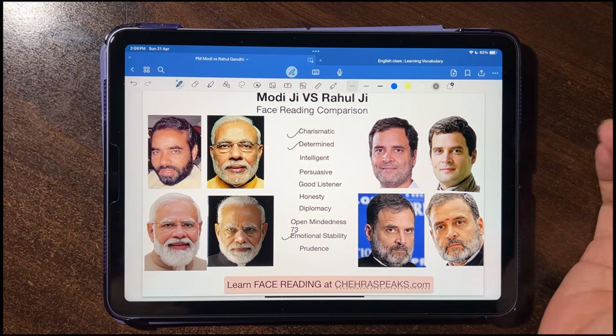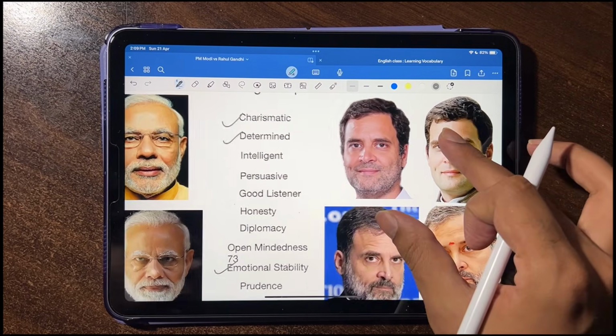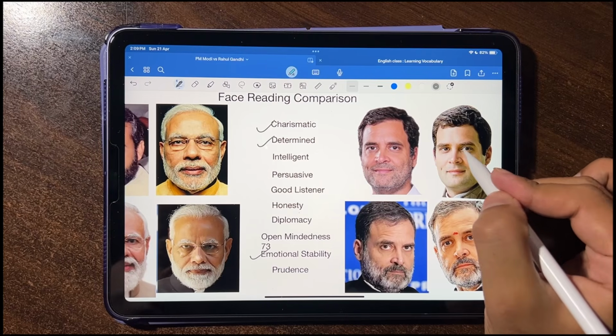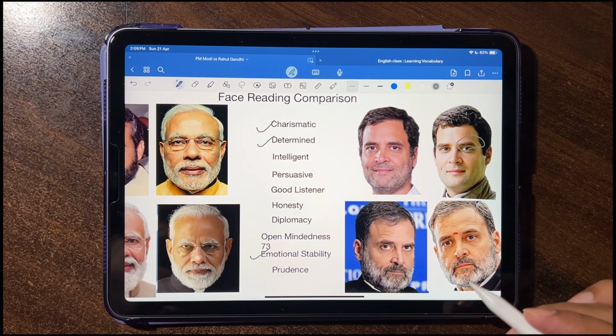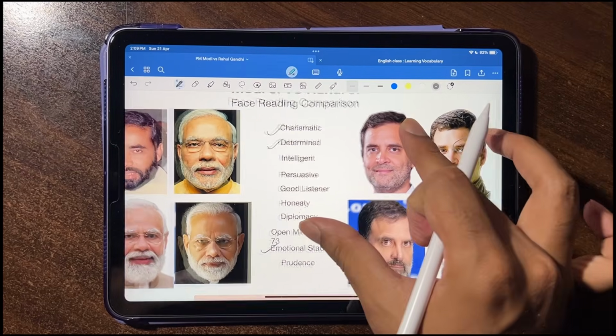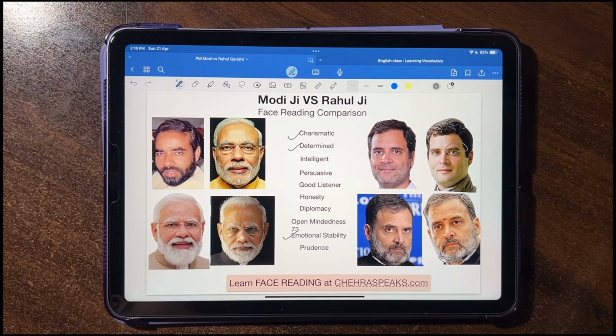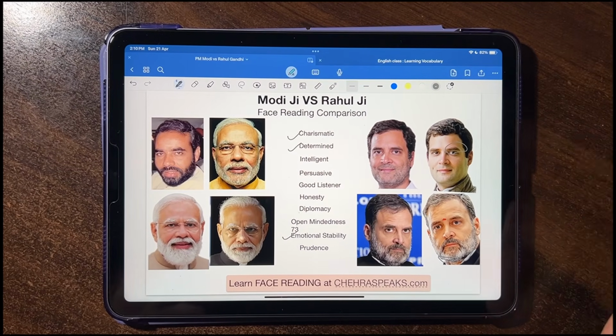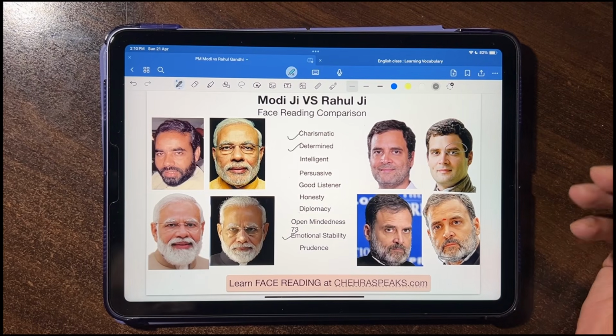Also, when I see Rahul ji's face, the wood part is definitely strong, and the jaws part is also strong. So emotionally, they both look to be quite good, and stability wise they seem to be quite good for sure.